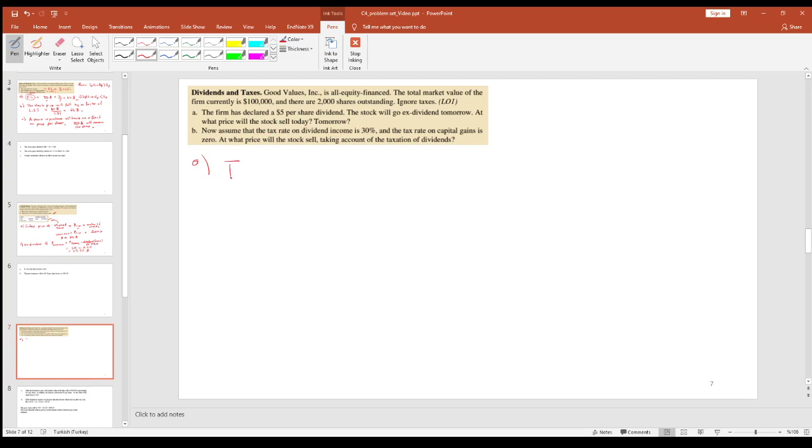For today, we learned from the previous problem, we will divide market value by number of shares, which is $100,000 divided by 2,000 shares, which is 50.